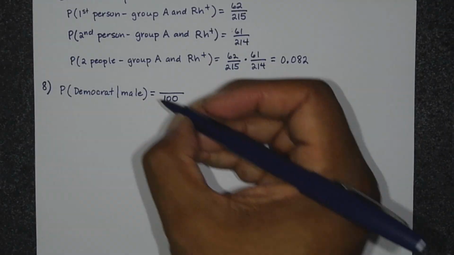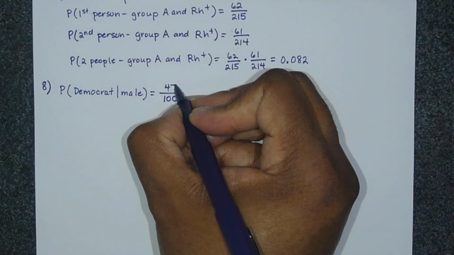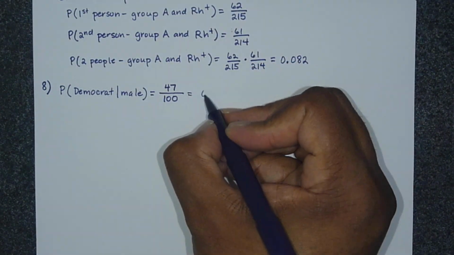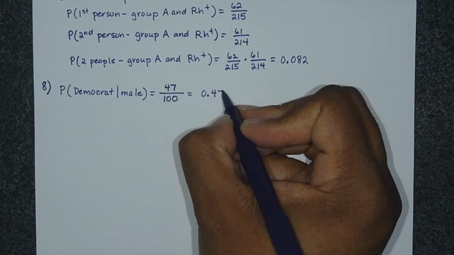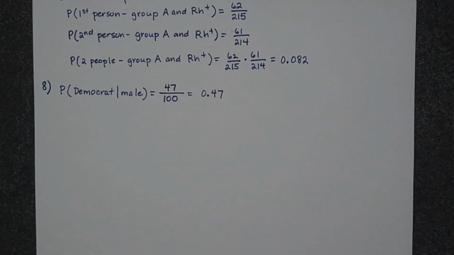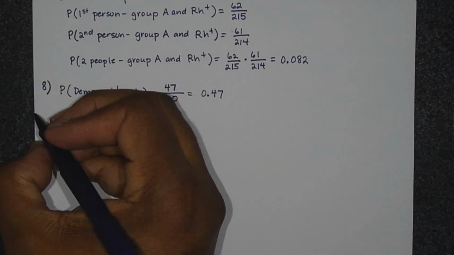So that 47 goes in the numerator. So it'd be 47 over 100, and I'll just say 0.47, because that's what it'll give you on the calculator. 47 divided by 100 is 0.47. Any questions on number 8? All right, number 9.